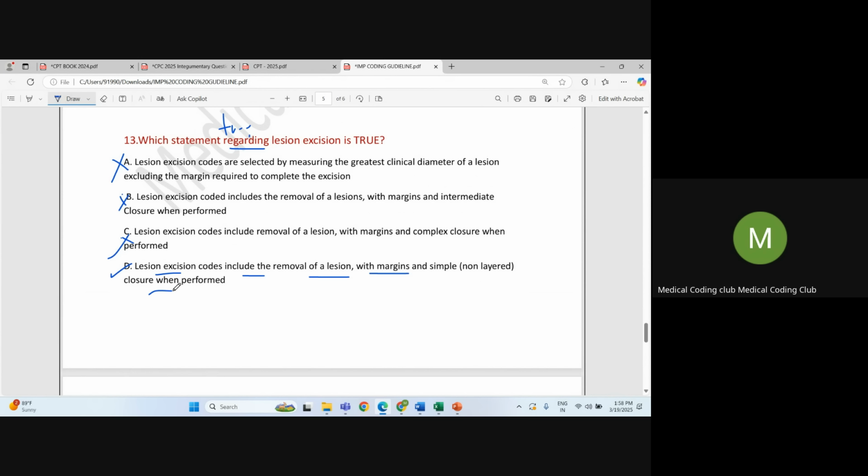So whenever you are dealing with the excision procedure, excision plus simple repair, that means the provider did excision first, and to close that excision site, if the provider utilizes simple repair, then that simple repair is included in the excision procedure. So you don't have to code simple repair separately. So for 13th question, answer is D.